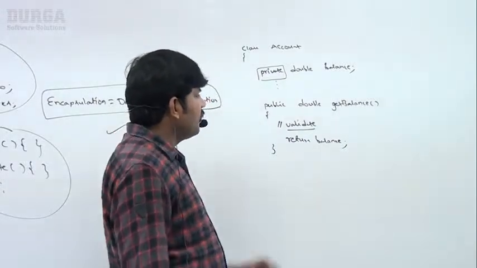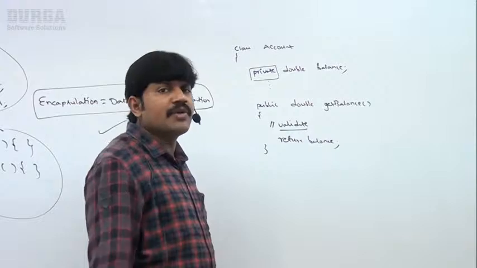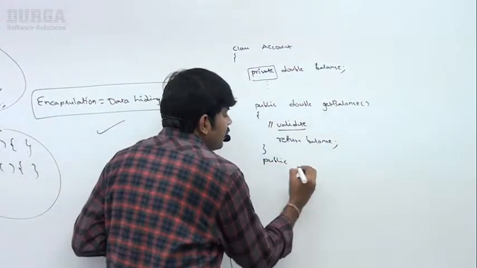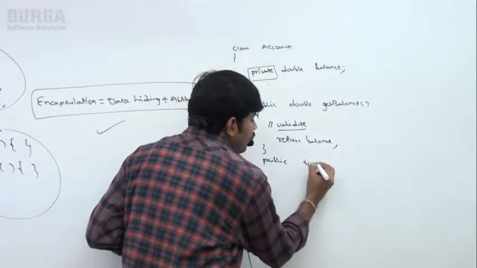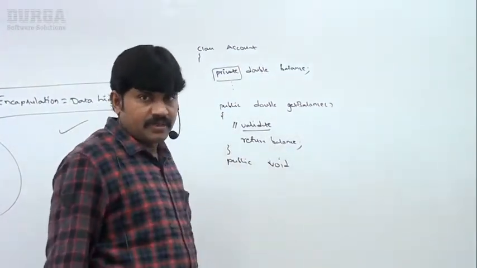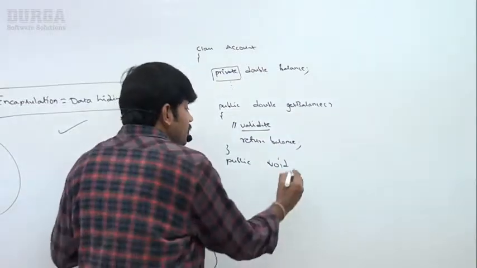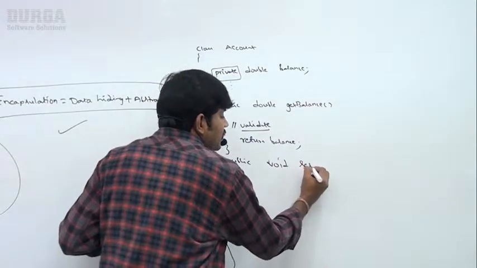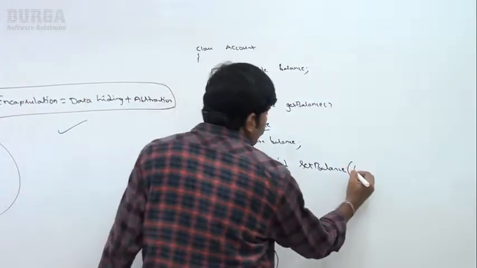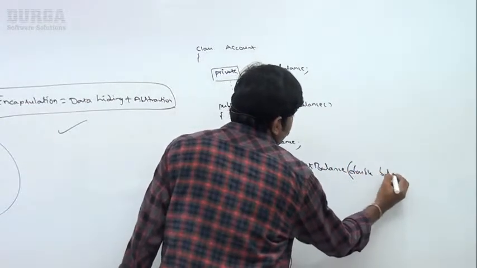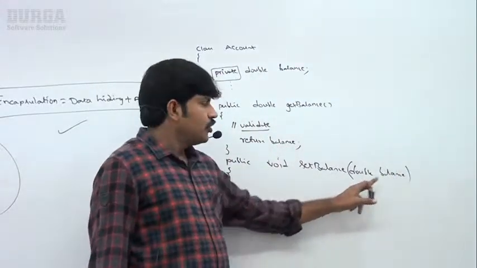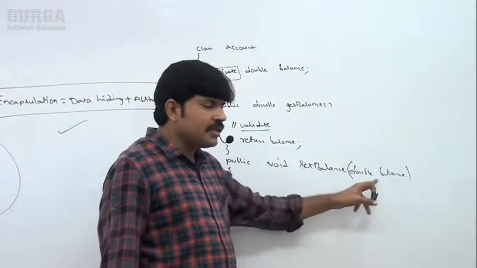Now, sir, I want to update my balance. I want to deposit, I want to update my balance, something like public void. Sir, I want to perform a withdraw operation, or I want to change my balance: setBalance(double balance), like this, right? Boss, can you please withdraw so and so amount, or can you please deposit so and so amount?